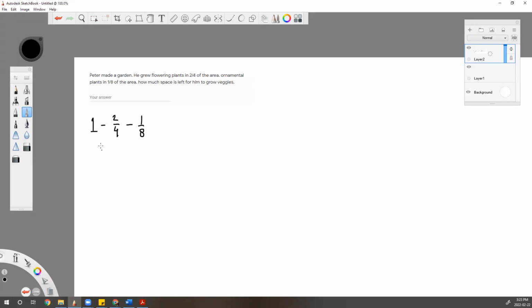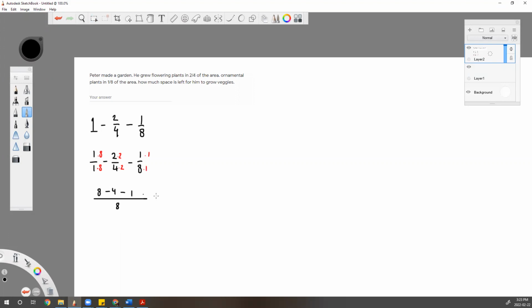And then you can make the denominators equal. I make everything a fraction first, and I put the denominator as 8. Multiply 8 over 8 by 1, 2 over 2 by 2/4, and 1 over 1 by 1/8. Then put all the numerators over the same denominator: 8 subtract 4 subtract 1.